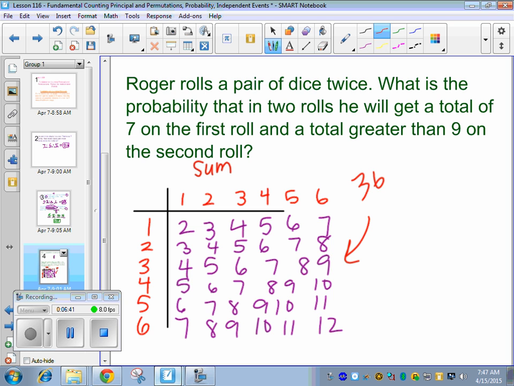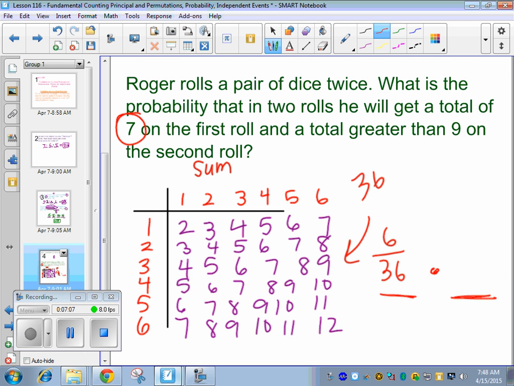What is the probability that in 2 rolls, this time I have 2 things happening, and we're going to multiply our 2 rolls together. He will get a total of 7 on the first roll. A total of 7 is 1, 2, 3, 4, 5, 6, so 6 out of 36, a 1 in 6 chance.